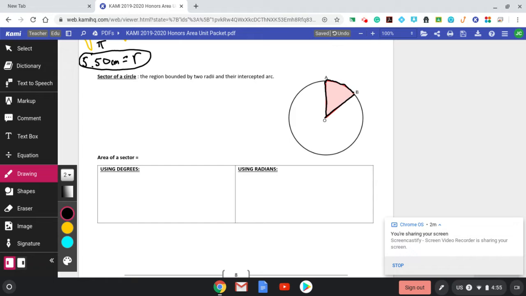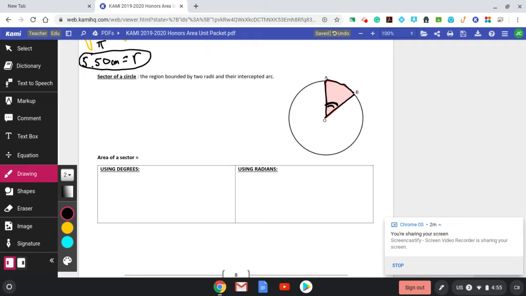So we have an area formula for it. A lot of formulas this unit, right? Just going to add in another one right now, the area of a sector. So how do I find that area? Well, it depends, because as you remember from the circle unit, this angle right here, angle AOB, could be in degrees, or we learned a new measurement last unit, which is radians.